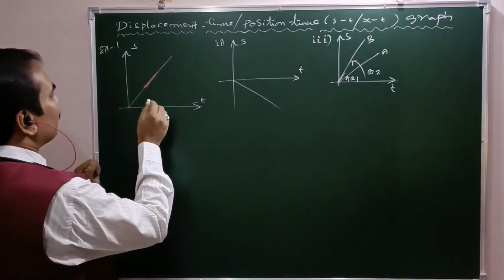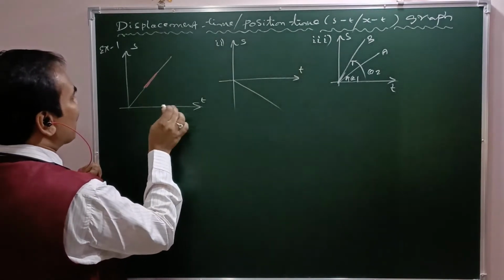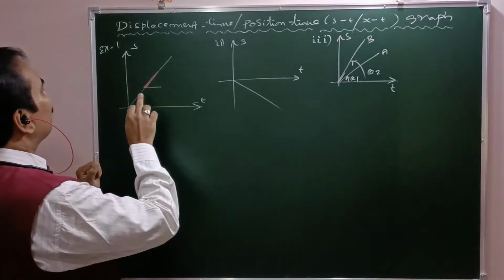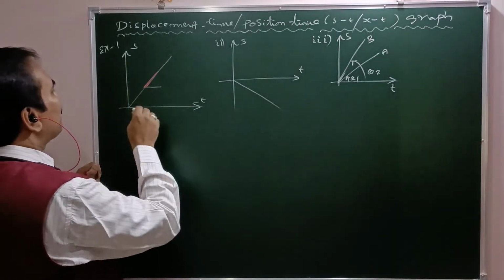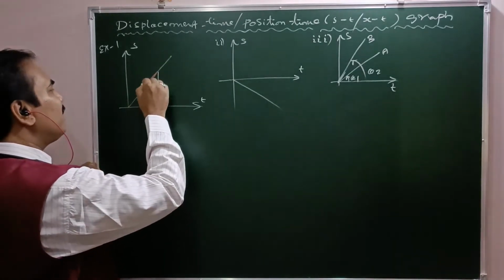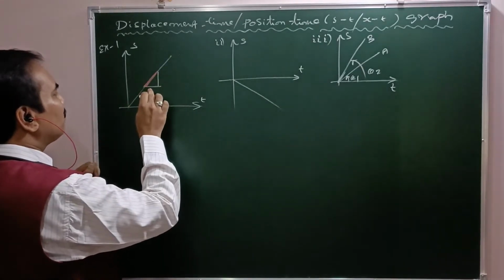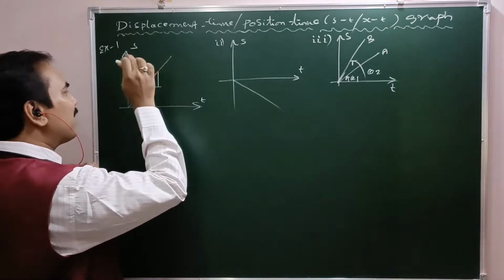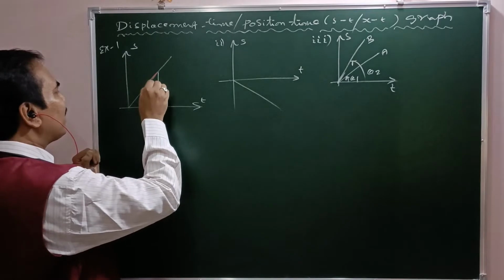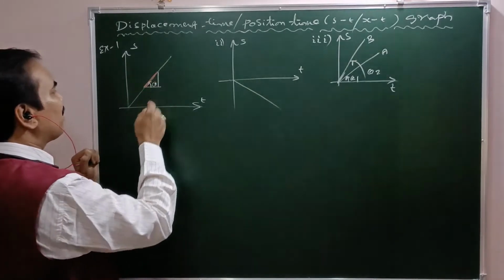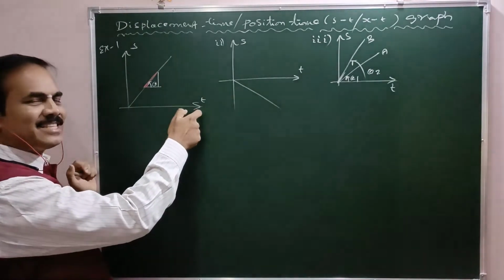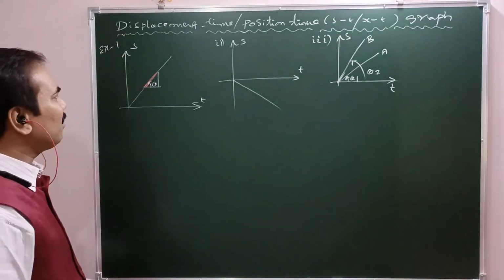Because if I take one axis parallel to the time axis and one more axis parallel to the displacement axis, a tangent drawn to the straight line coincides with the line itself, which makes an angle theta with the time axis, otherwise the x axis. See here, time is taken along the x axis and displacement is taken along the y axis.